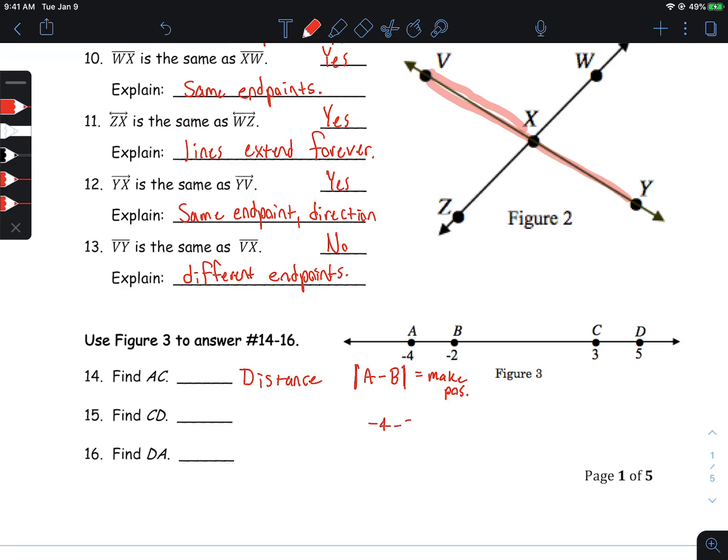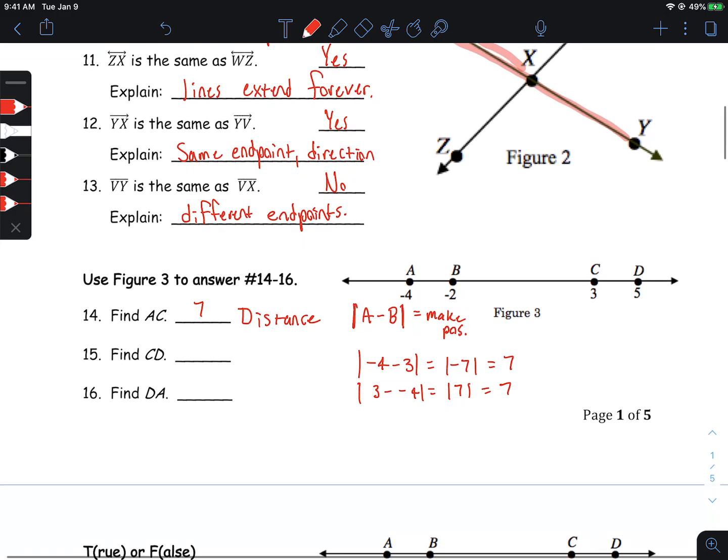You can go -4 minus 3, or you can go 3 minus -4. Based off the order I got it right here, it's -7, but then the absolute value of -7 is +7. And you would have gotten the same thing if you did 3 minus -4, because the double negative will change it to addition. That would get you +7, and the absolute value of +7 is 7.